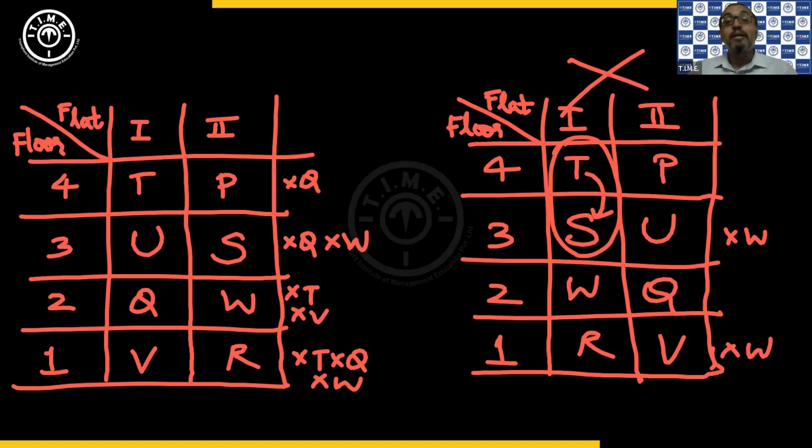S can come immediately below the floor. There is a lot of difference there. Please be very careful. So the first case is definitely available. S is immediately below the floor in both cases. But in the second case, S is immediately below the flat also. So basically he's saying S and T cannot be in the same flat number. That is the understanding. Got it? So we have our final arrangement.